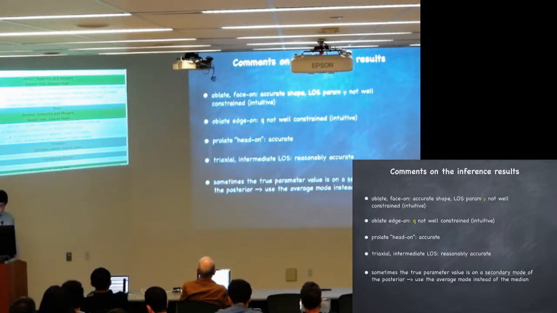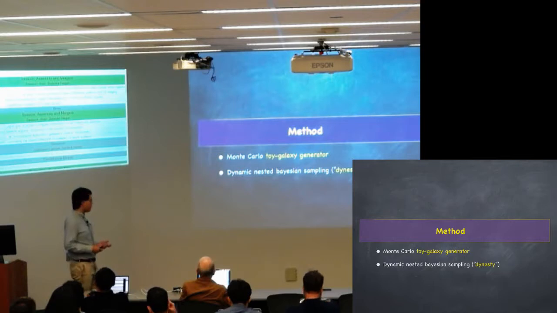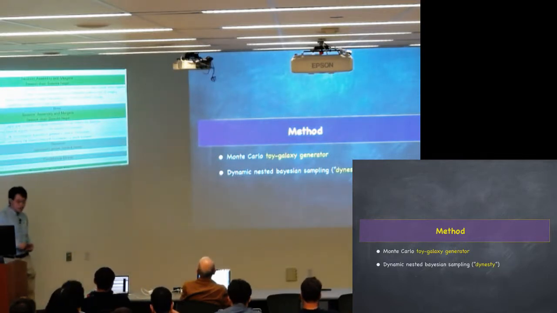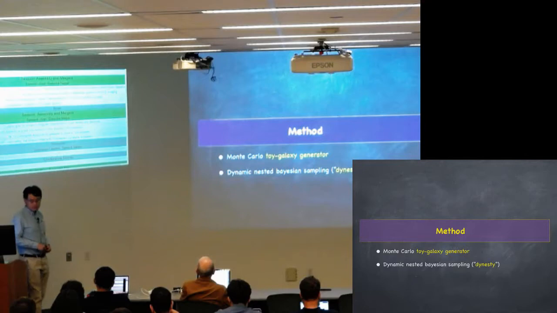And sometimes we need to use modes instead of the medians. So before wrapping up, let me show you very briefly our methodology. This inference process involves a toy galaxy generator, a Monte Carlo toy galaxy generator, and also the Bayesian inference tool, which is the publicly available version of Dynesty. It's a dynamic nested sampling tool.